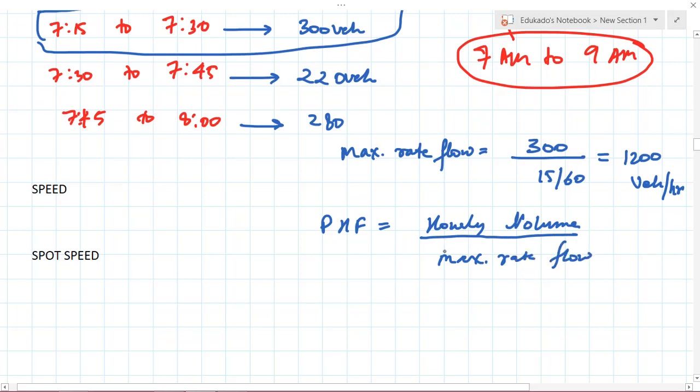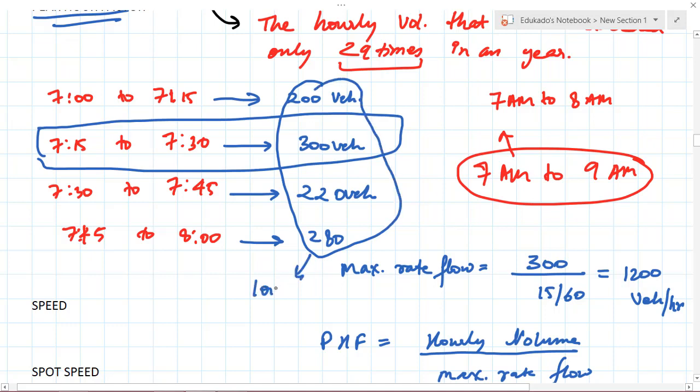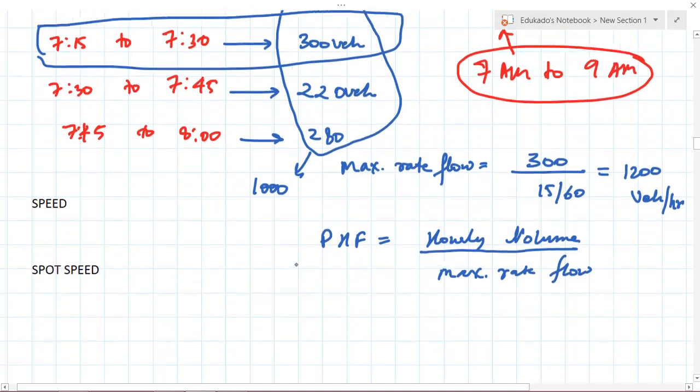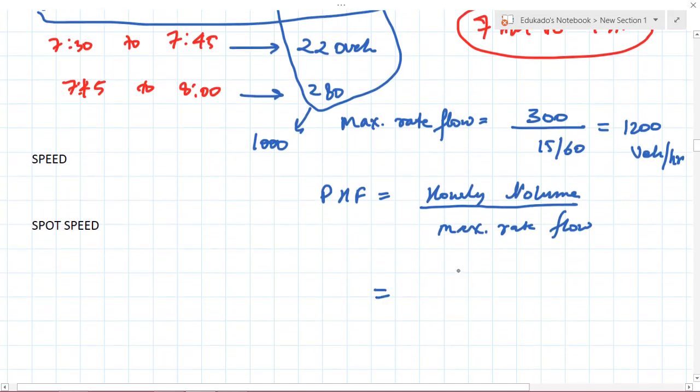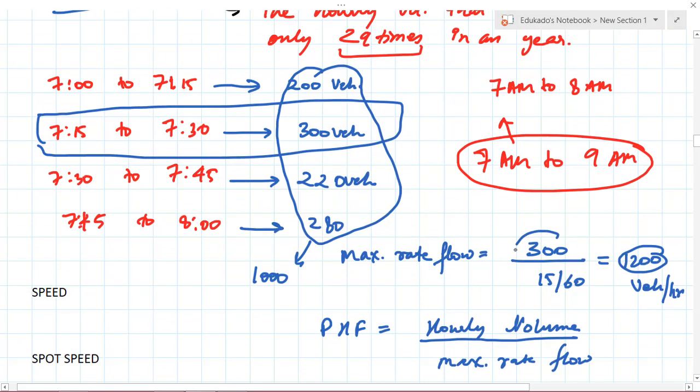Over here, the total number of vehicles that pass by in this 1 hour is 1000. So according to this formula, the hourly volume is 1000, and the max rate flow we just calculated is 1200, which came from the maximum flow in one section of time.